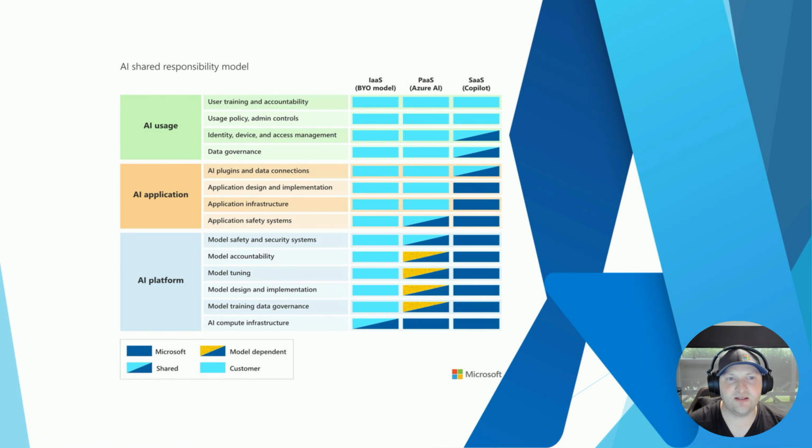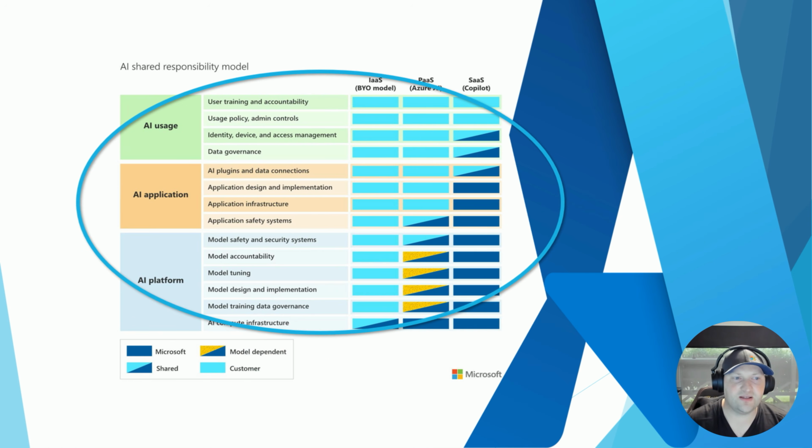When you look at PaaS, so Azure AI, you're really looking at the AI application and it's really dependent on the type of model that you're consuming. It depends on how much Microsoft really manages for you and how much you do as the consumer.